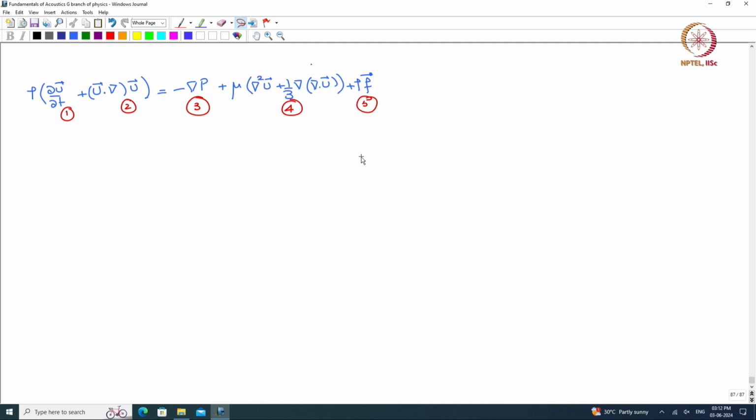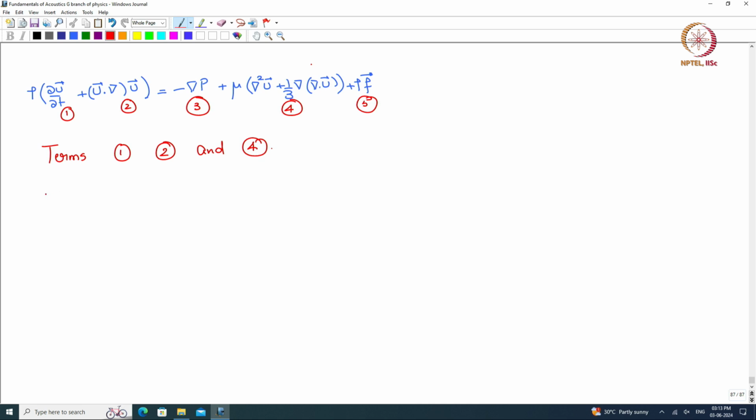Okay, we have this term now here. So let us look at terms 1, 2 and 4. We have said that a temporal derivative brings about a time scale and a spatial gradient brings about a length scale. So what we have over here is the left side.